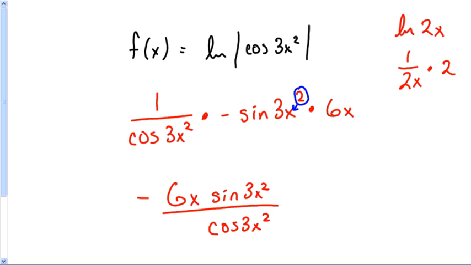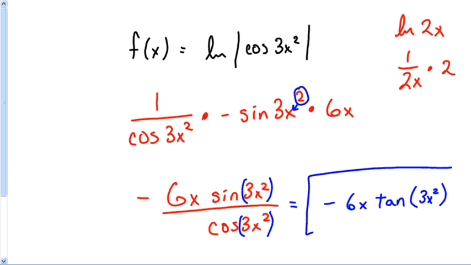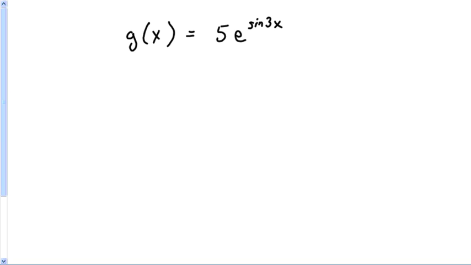It's not anything to do with the sine or the cosine. So the answer then we can simplify to negative 6x tangent 3x squared. And here is my derivative of that one. So that one turns out kind of neat, the way it goes. Keep going, we'll finish this up.